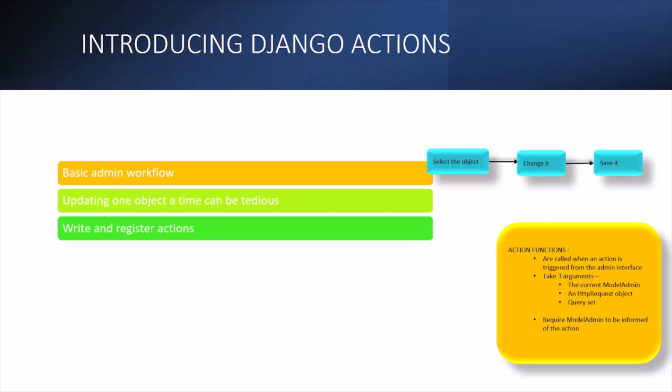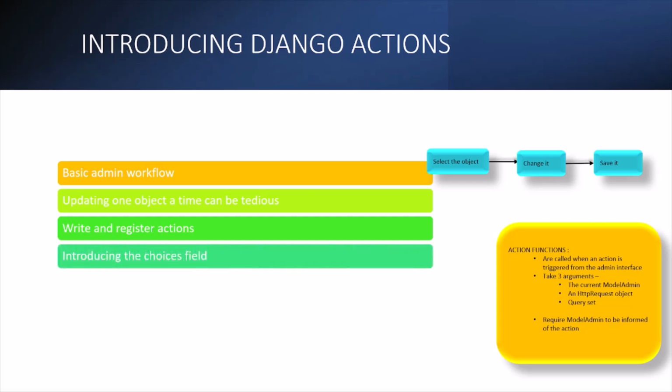So now we're going to introduce the new field. This is going to be the Django choices field. Now this particular field is a Python sequence consisting of iterables of exactly 2 items. What is an iterable? If you worked on Python, then you know iterables are lists, tuples, strings as well.